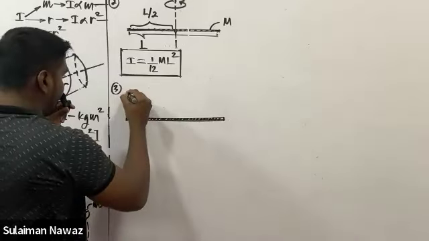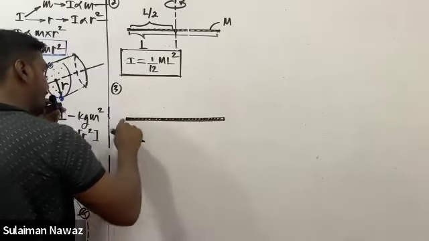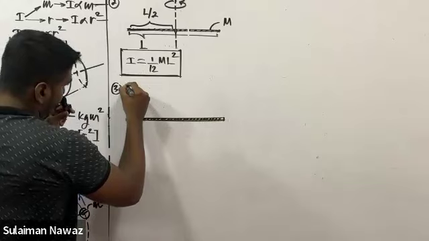This time your axis of rotation is through one of the ends of the rod.